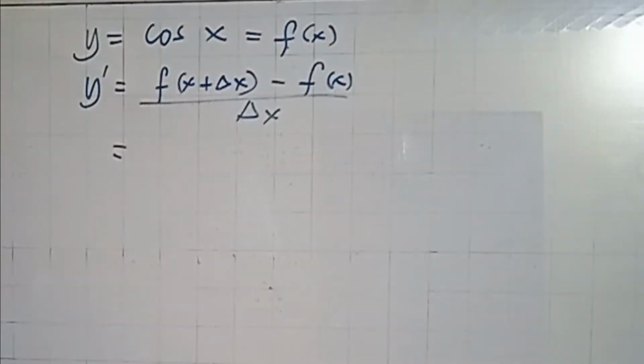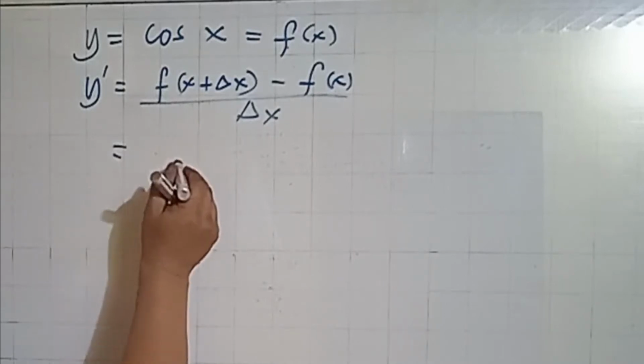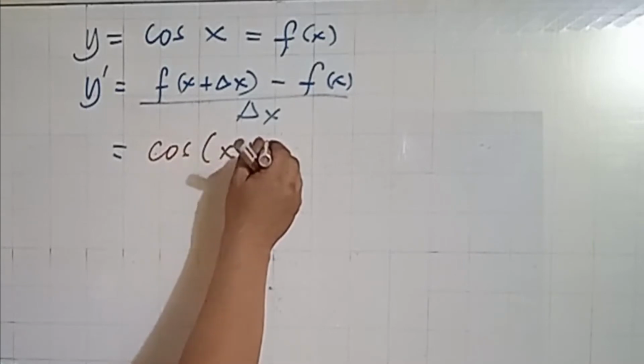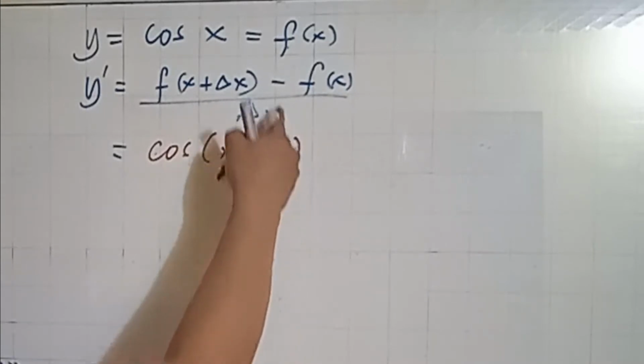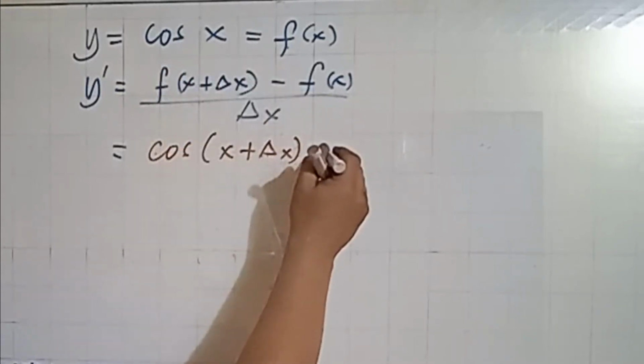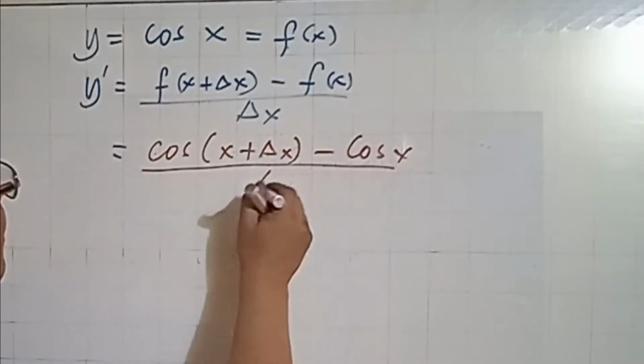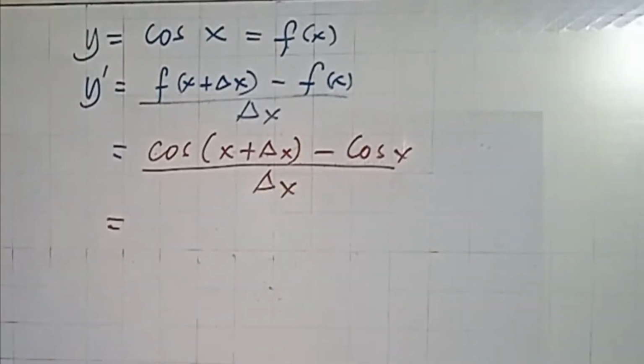So let's substitute. Cosine of x plus delta x minus f of x, we have minus cosine x, all over delta x.